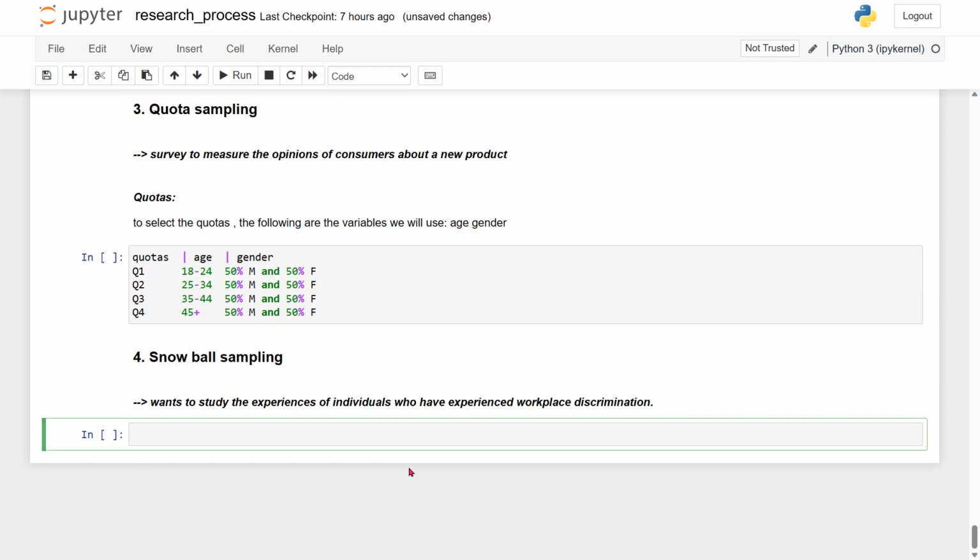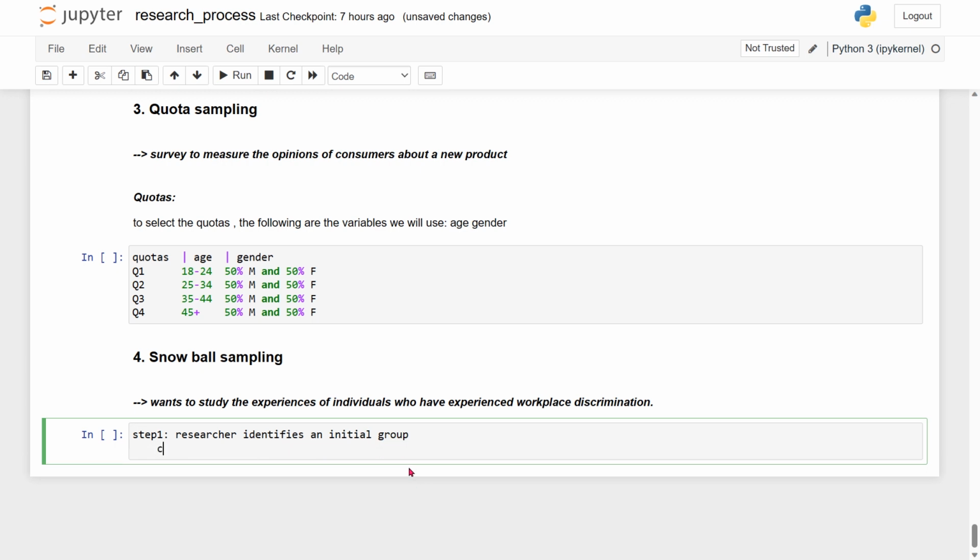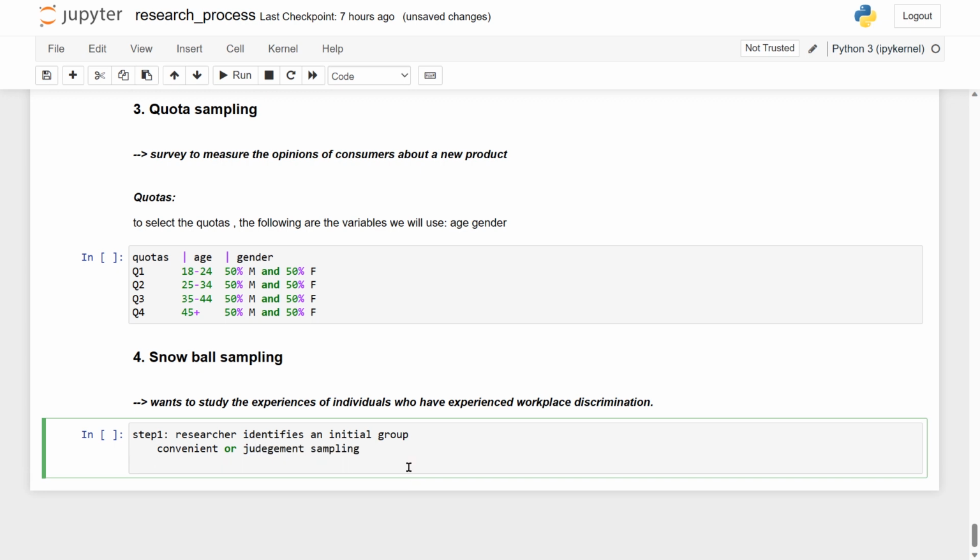So the researcher identifies an initial group. Step 1, a researcher identifies an initial group. He could use either convenience or judgment sampling, whatever it may be, to identify the initial one.